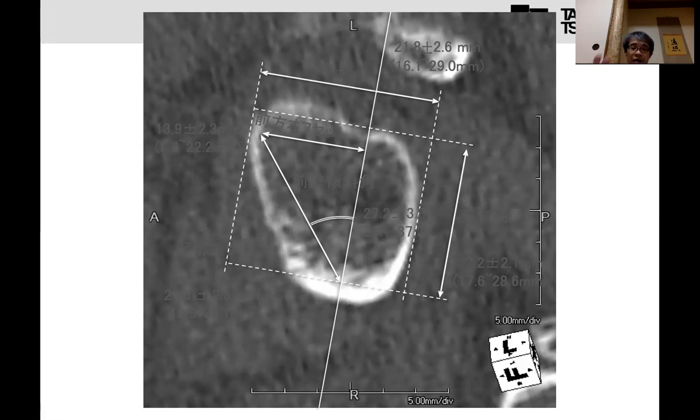So it is longer than the anterior-posterior width and the superior-inferior width. This is the longest distance, so it is reasonable to insert this one; the first one is here, and the second one is anterior and superior.